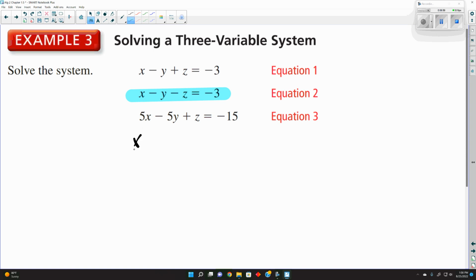So we can say x minus y plus z equals negative 3. And 5x minus 5y plus z equals negative 15.